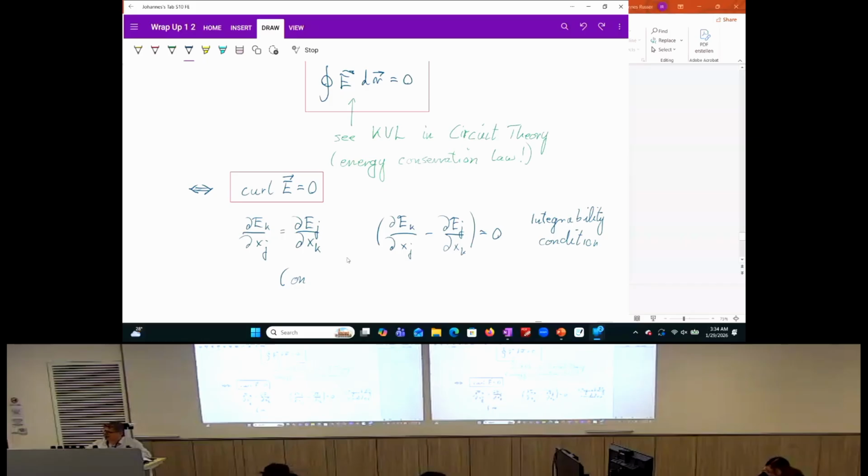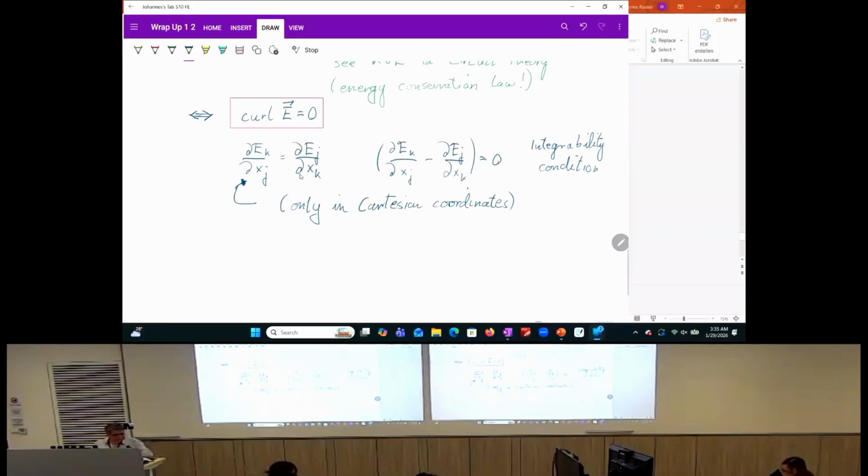The curl of the field being zero holds everywhere, independent of coordinate system.